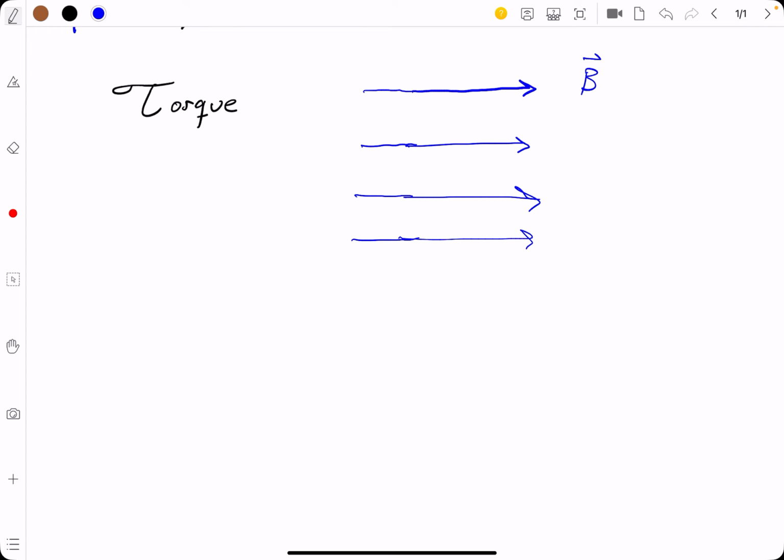And now we can do this thing where we say we've put this thing in our B field, and we're going to run current through it.